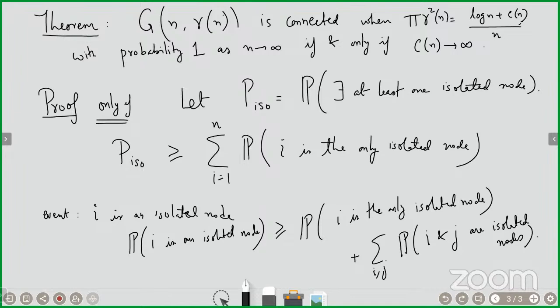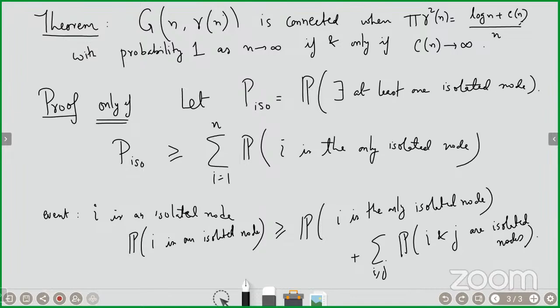The complex probability is that I is the only isolated node. This is the complicated beast. You think about it, because I have to make sure that everybody else is connected. That's a problem. I don't know how to handle it. I is isolated, but everybody else is connected. So I have to go to a graph with one less node and do all sorts of difficult things. But this is something simpler.